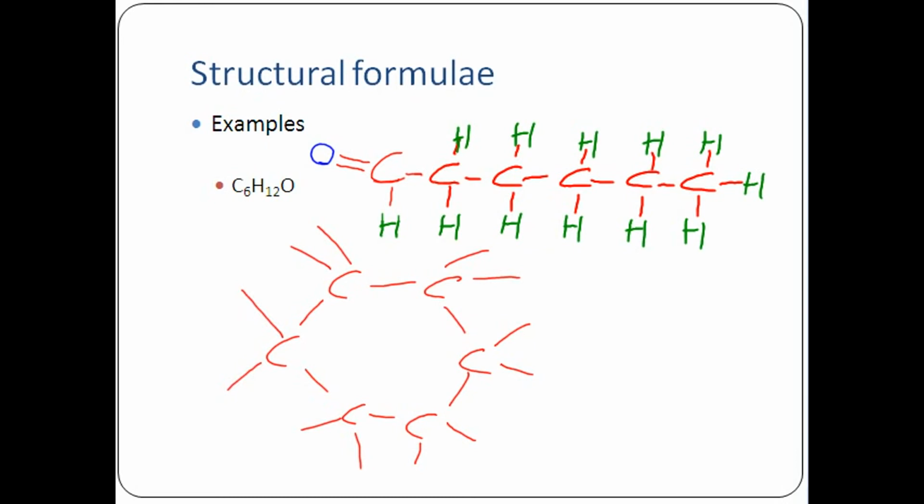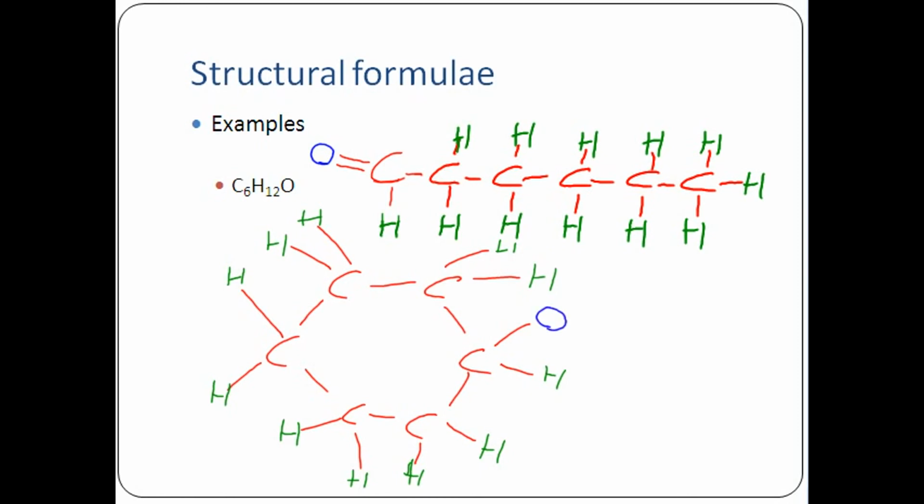I have 12 hydrogens, so let's put these hydrogens in here. So I have a hydrogen: 1, 2, 3, 4, 5, 6, 7, 8, 9, 10, 11. I could put a 12th on there, but I'm missing my oxygen. I need to put my oxygen somewhere, so let's attach the oxygen out to this carbon right here.